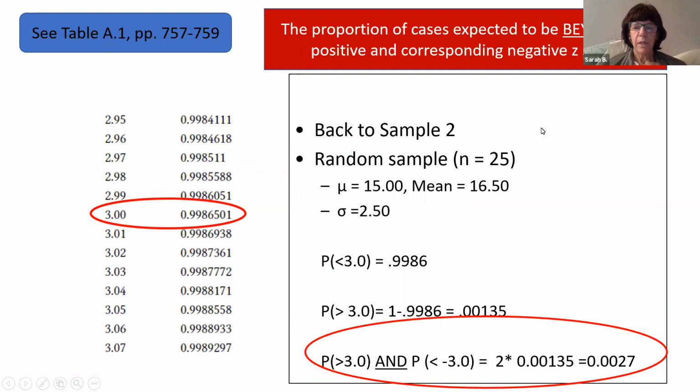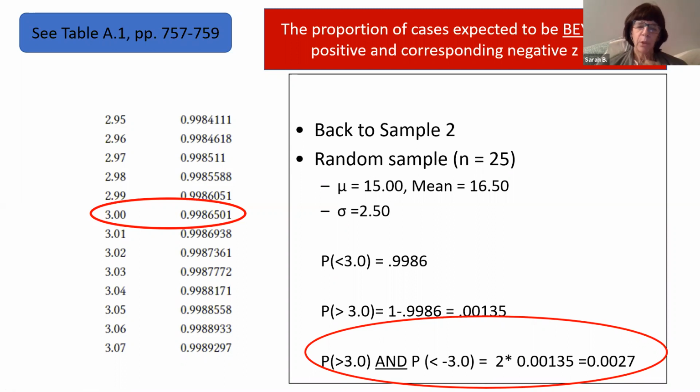Going back to our sample 2, where we had those 25 people with a mean of 15.5 from a population with a mean of 15 and a standard deviation of 2.5, we got a z of 3, and the proportion below that value is 0.9986.